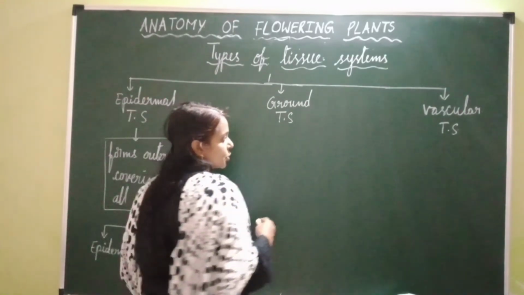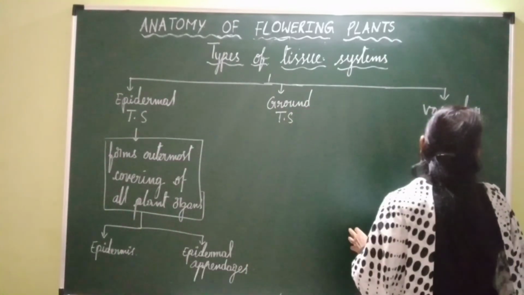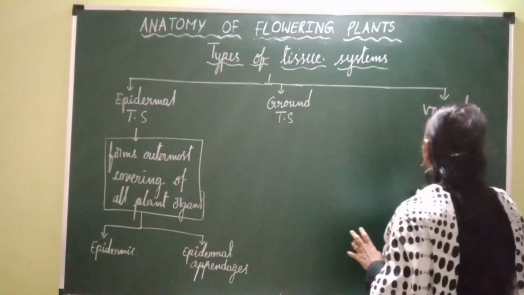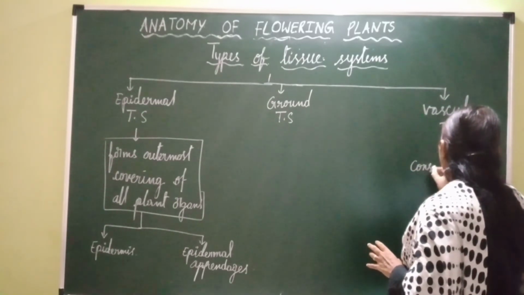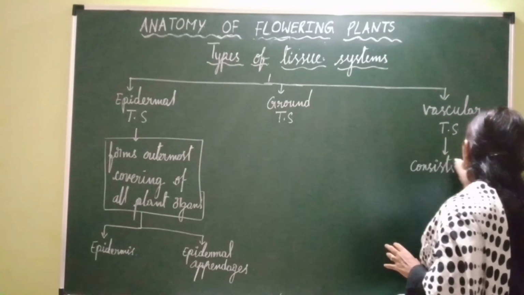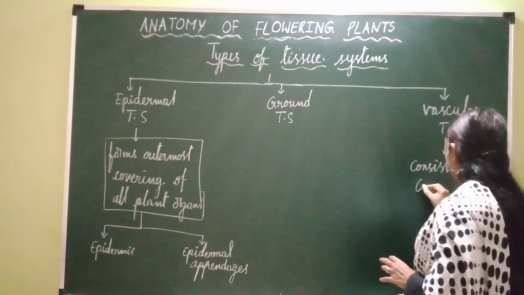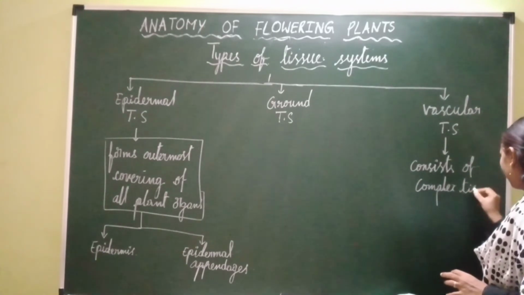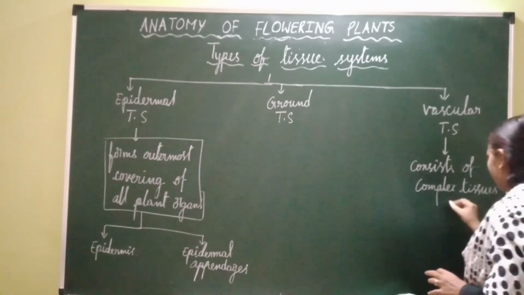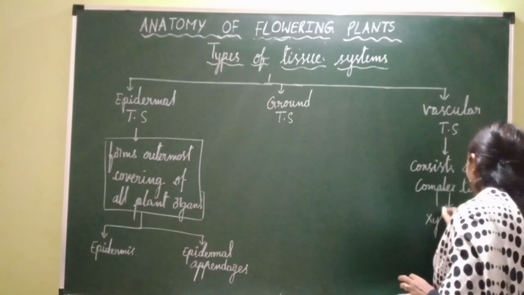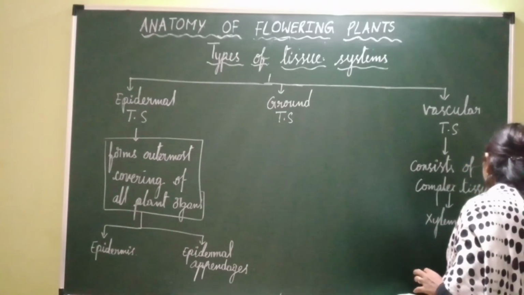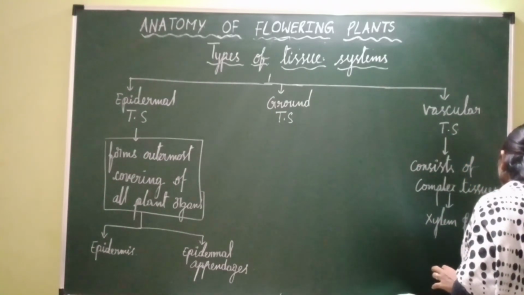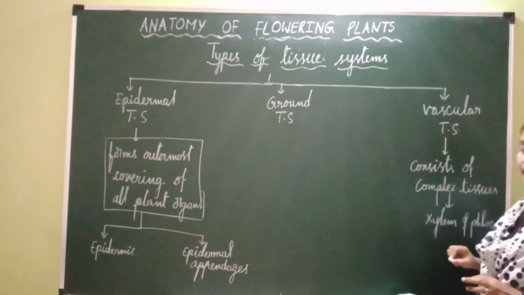And this vascular tissue system is made up of complex tissues. It consists of complex tissues, that is xylem and phloem, which are forming vascular bundles, right?